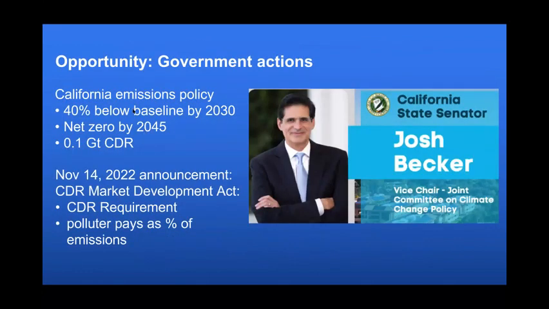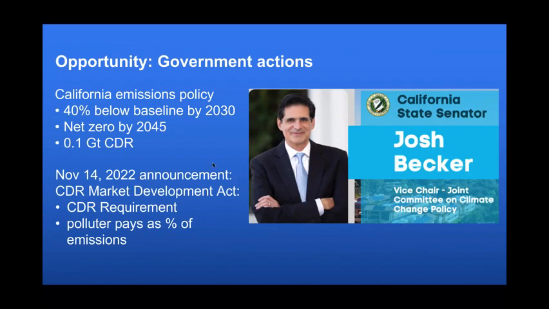In California specifically, we have some very aggressive policies to get 40% below our baseline, which I think is 1995 levels, by 2030, and go net zero by 2045. That's going to take a lot of carbon dioxide removal to enable that.